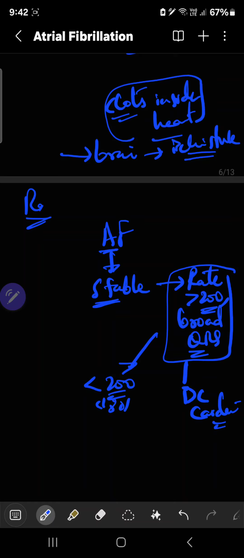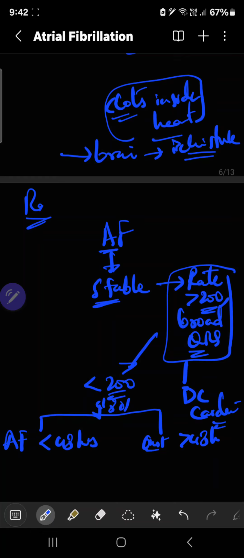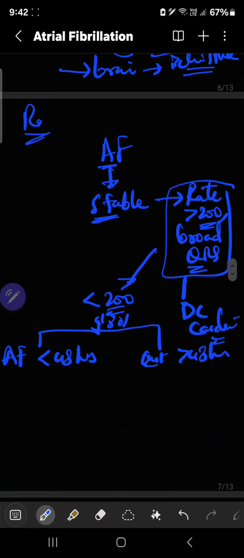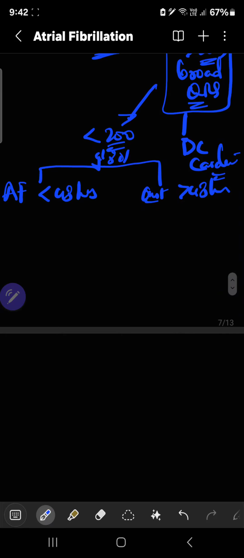what you have to do is, there are two options here: AF onset less than 48 hours and onset of AF more than 48 hours. I'll just mention here, 48 hours.